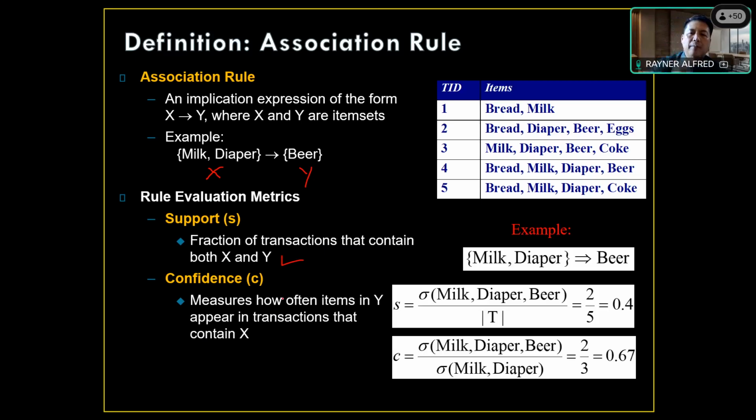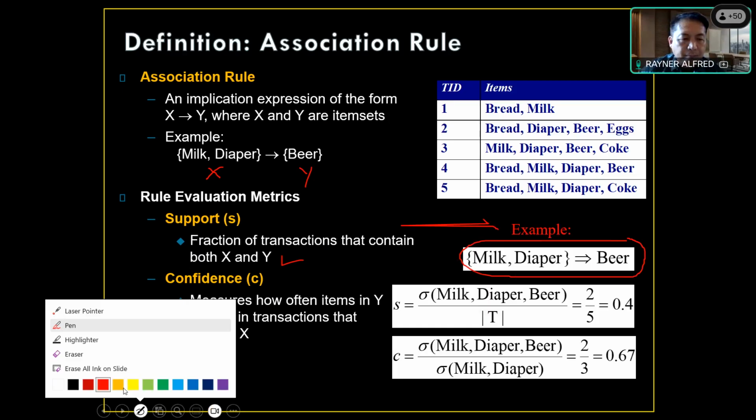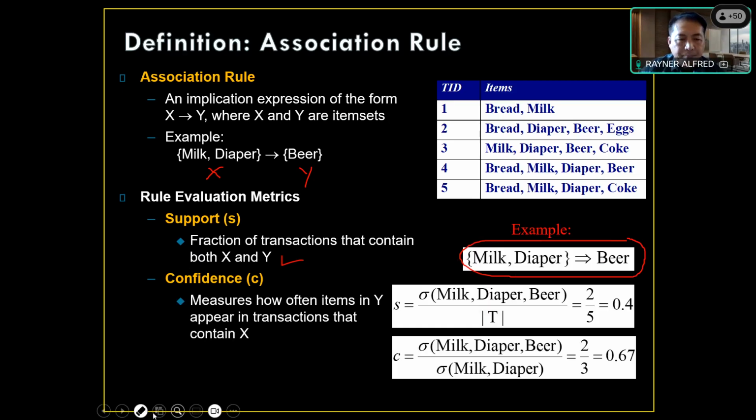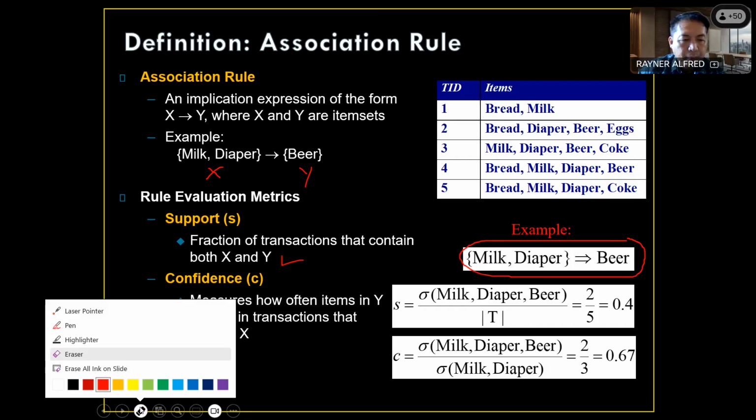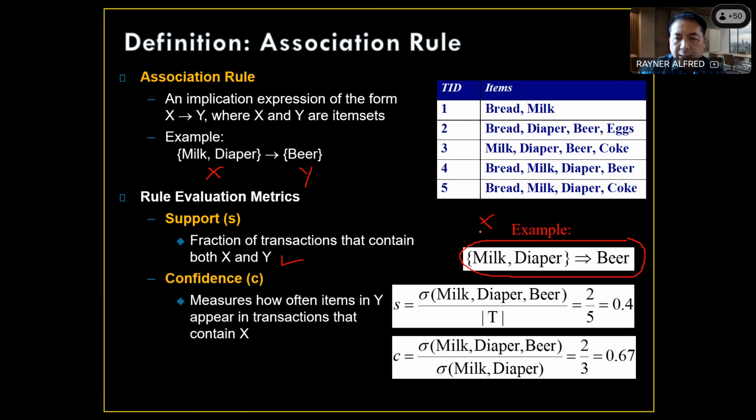So we can define this one. For instance, this is the rule that we have. So we have X and Y. This is X, this is Y. Okay, so we consider this one as a 3-itemset because we have three items there.